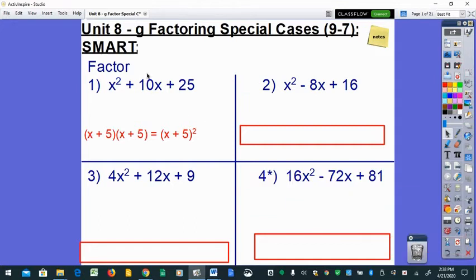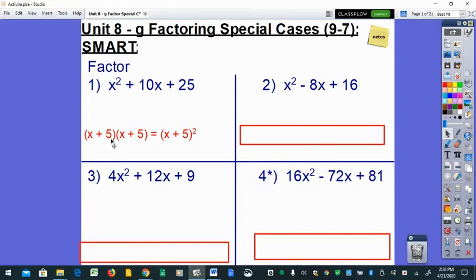So again, remember I talked about that doubling in there. You're going to notice that there's a 5x on the outer and there's a 5x on the inner. And so there's these double 5x's, which is coming in the center. So the factorization of this quadratic trinomial is x plus 5 quantity squared.